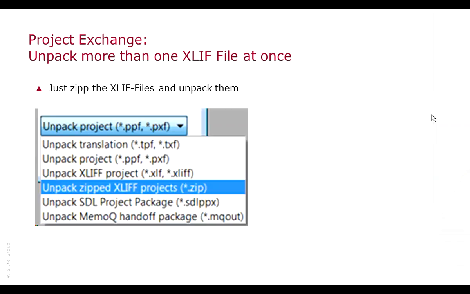In general, all the CLM systems which export XLIF files, they export one XLIF file for each language or for each file or each area of their system. So a lot of times you get more than one XLIF file and you don't have to unpack them separately anymore. You just zip them and then unpack the zipped file, including all the XLIF projects.